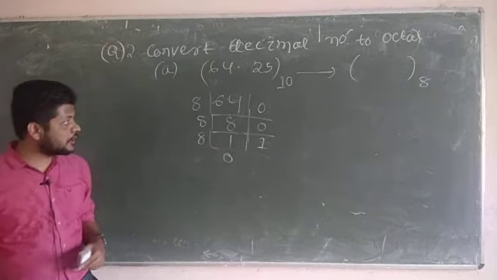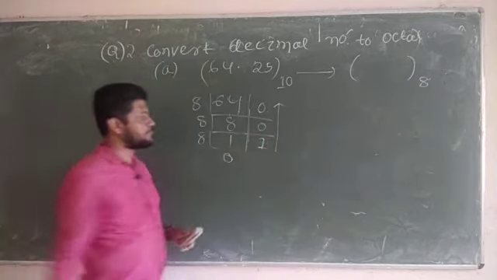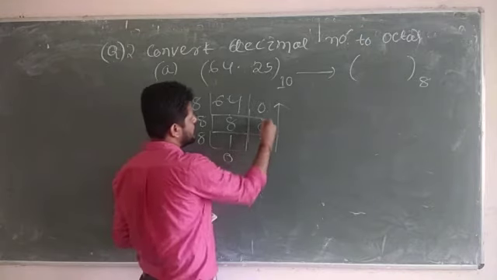So this is the procedure. Now you go from bottom to top, so the number will be 100.